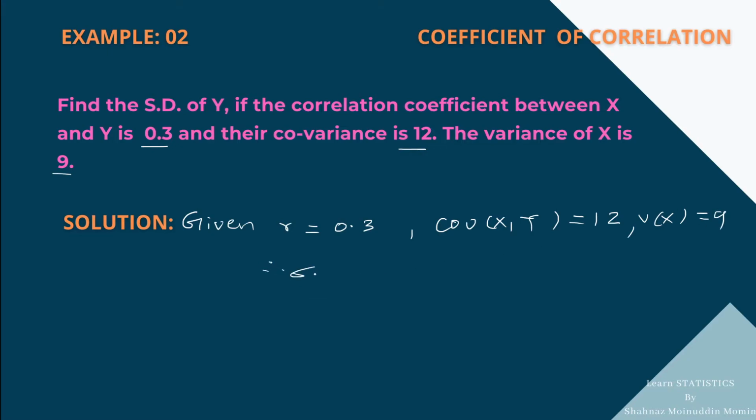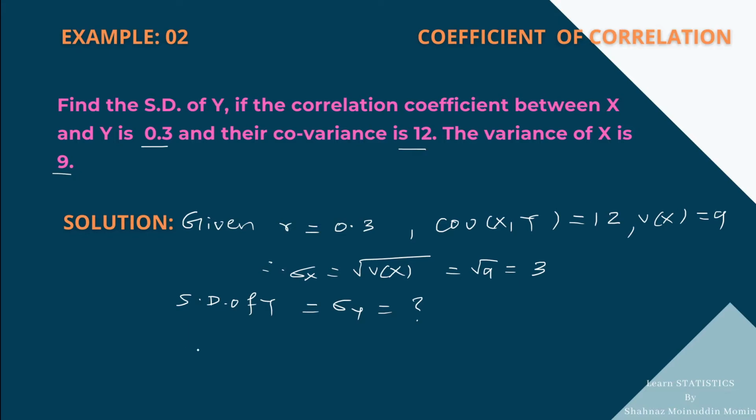Therefore the standard deviation of x is equal to under root variance of x, which is equal to under root 9, that is 3. Now we have to find the standard deviation of y, that is sigma y.